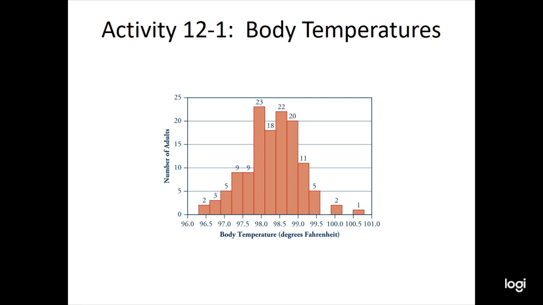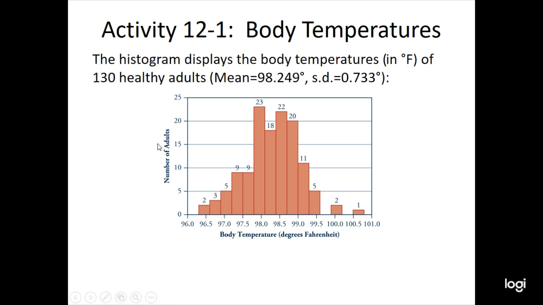Here's the scenario: we've got the body temperatures of 130 healthy adults, and that's the histogram of those body temperatures. The mean is 98.249 degrees and the standard deviation is 0.733 degrees, of the people in the sample. We're going to answer a whole bunch of questions about that scenario.